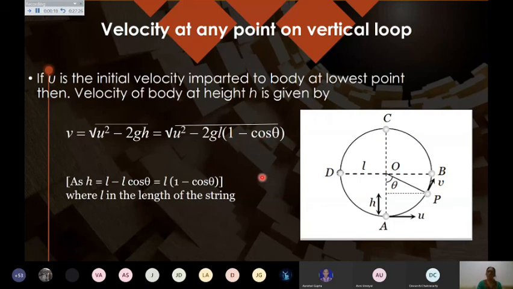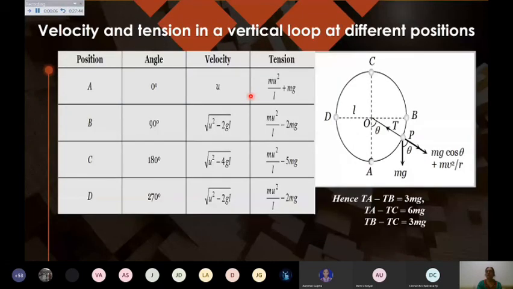You can leave things here, and you can write the equation so as to get what is happening when the body is at A, angle is 0. You can keep putting the value of cos theta in the expression, and you can get the velocity and tension at the different points.